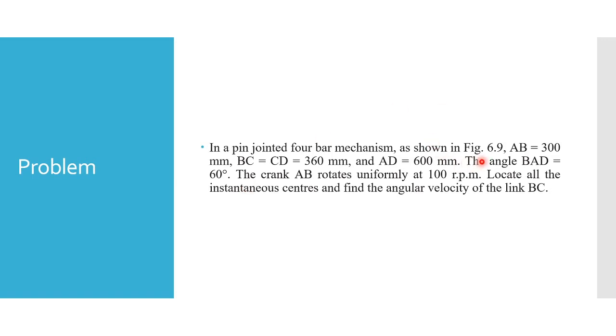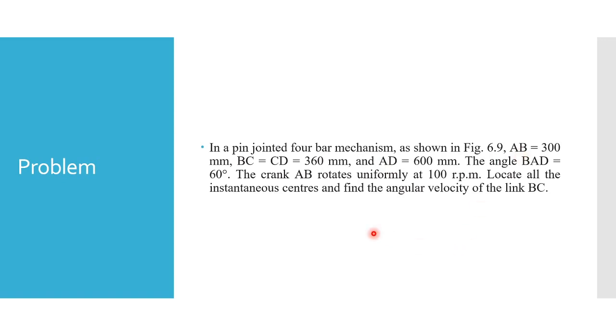In a pin joint mechanism as shown in the figure, that you can skip because all data are given, so you can draw it. The data AB, BC, CD and AD are given, and also the inclination. So you can draw it. AD is not given as the fixed link, but in this case you take AD as the fixed link and AB as the crank.